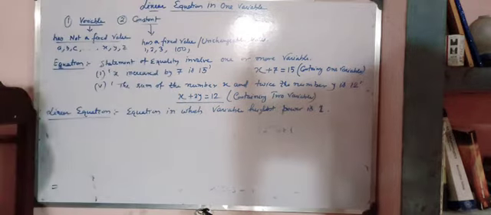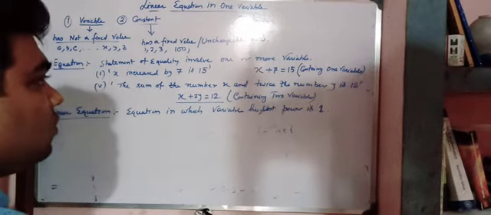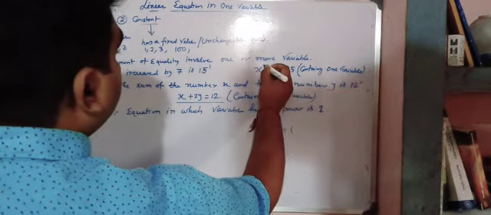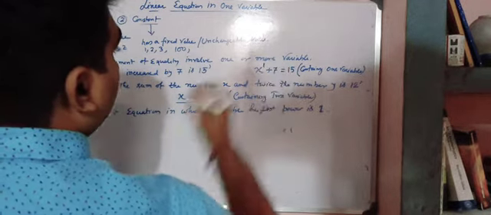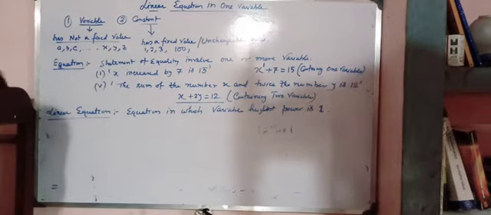As we know about powers, here if we see, the highest power of x is 1. So that means it is a linear equation. Understood?